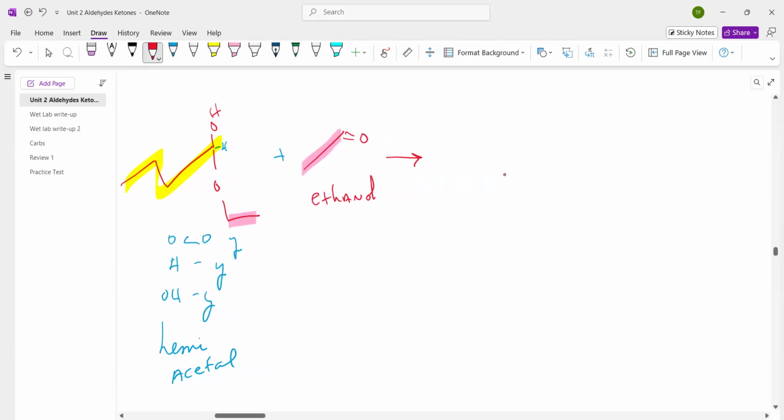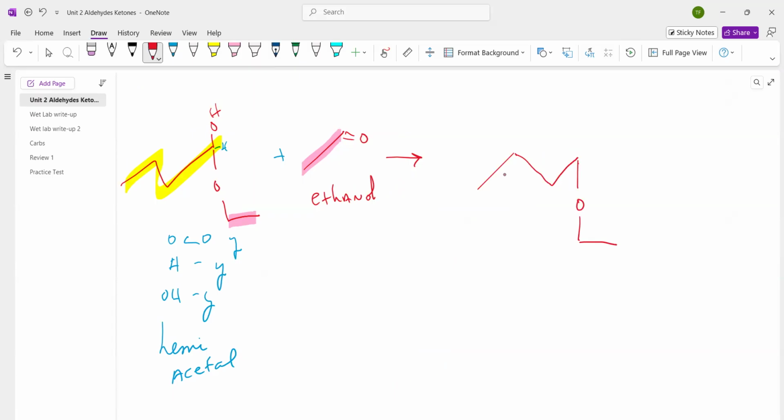So a primary backbone is 4 carbons long. And we still have the ethanol there.